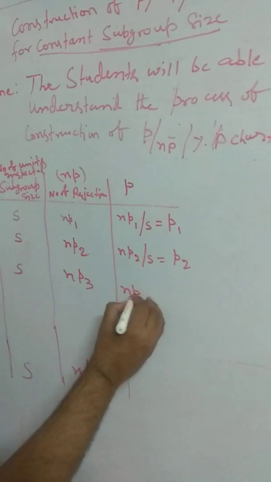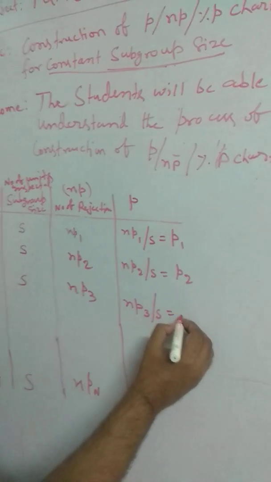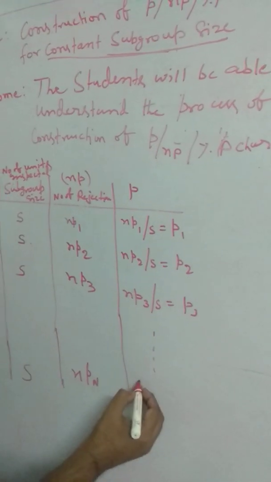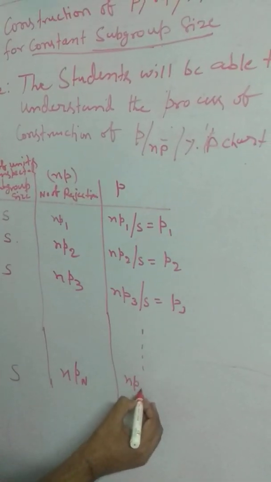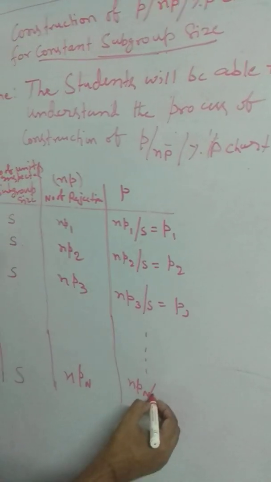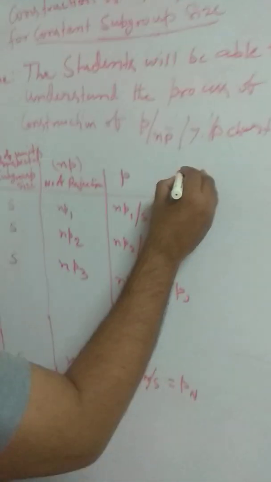Here NP3 divided by S will give the value of P3, and NPN divided by S will give the value of Pn.